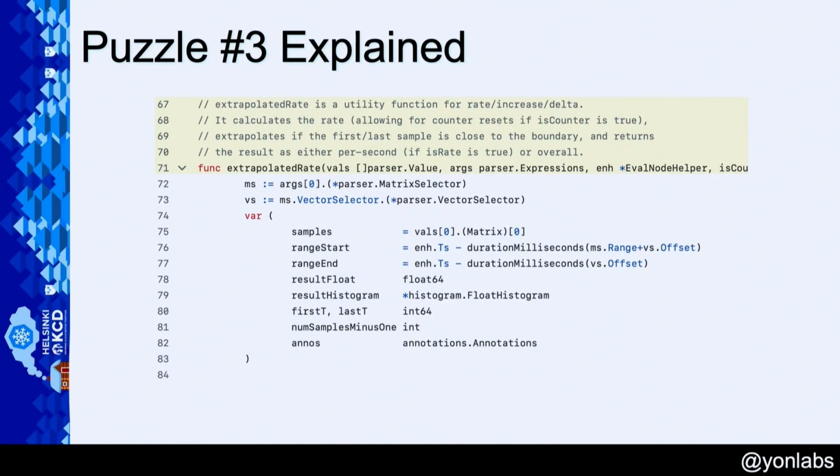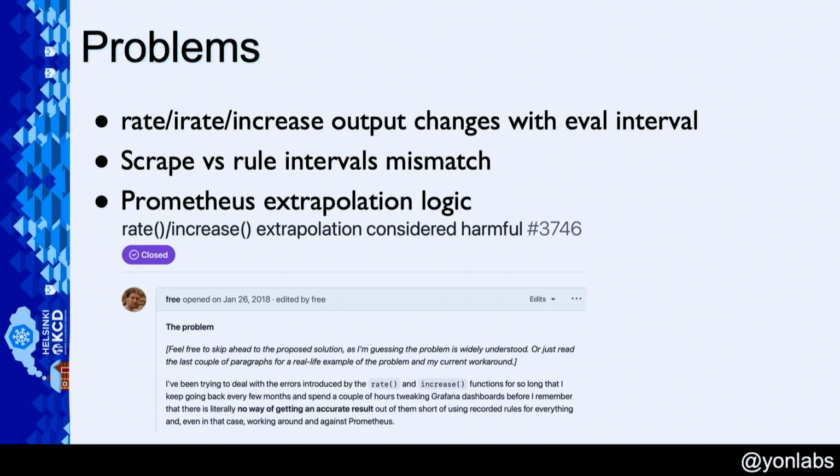It is difficult to get the boundaries of the interval exactly aligned to your scraping interval, so those samples differ. And if the start and end values are not exactly aligned, then we have some sort of extrapolation. And it causes such strange side effects.